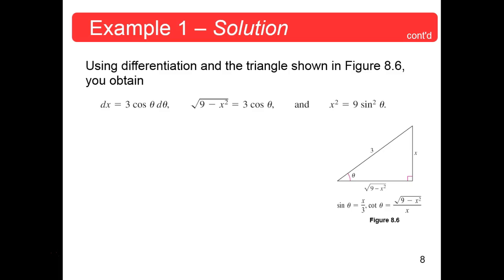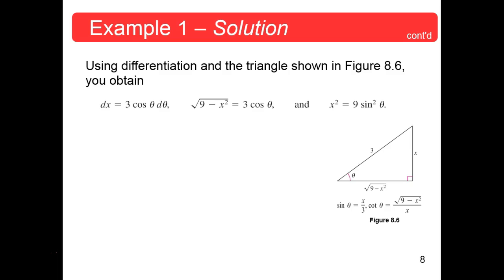Okay, and 9 minus that would then be 9 minus 9 sine squared theta. And this would be 9 times 1 minus sine squared theta. So square root of 9 is 3, square root of 1 minus sine squared is cosine squared, square root of that is cosine. So that all works out. And x squared, now they finally say it, is 9 sine squared theta, which I said early on.